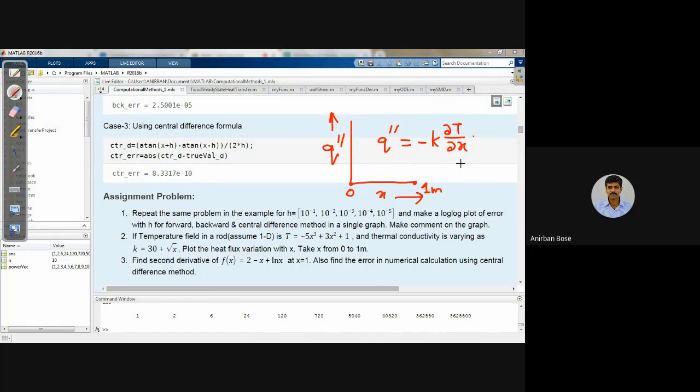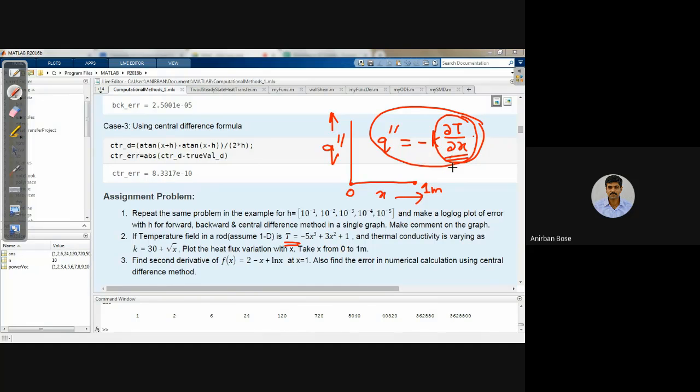So T is given, and del T del x is the first order derivative of temperature with respect to x, which we can find by numerical method.